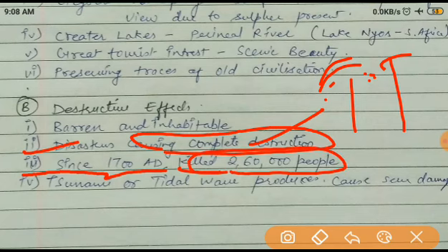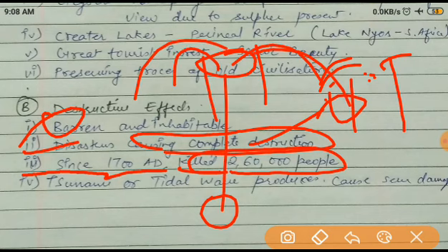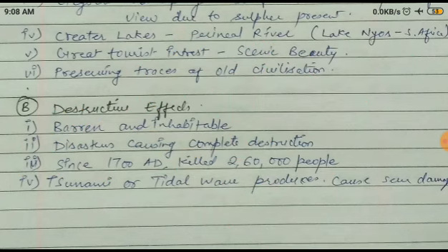Now listen, if this is a dormant volcano and people are living near that area, and suddenly it starts erupting, what will happen? These colonies are affected. Most of the people are not evacuated from here, and that's why they are not able to go from here. That's why these people were killed. So this is the data.